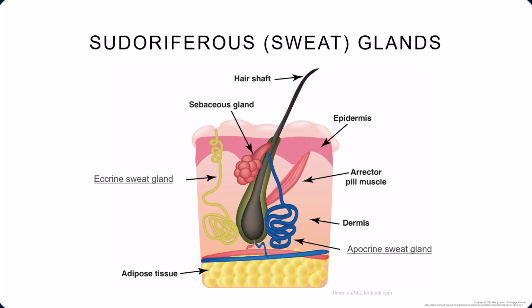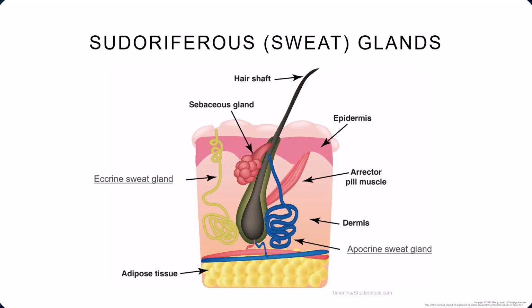And we have two types of sweat glands. We have apocrine glands and we have eccrine glands. Apocrine glands are coiled structures attached to our hair follicles, and those ones are found only under the arms and the genital area. So where the hair is a little bit thicker is where the apocrine glands are. And those secretions are released through our oil glands.